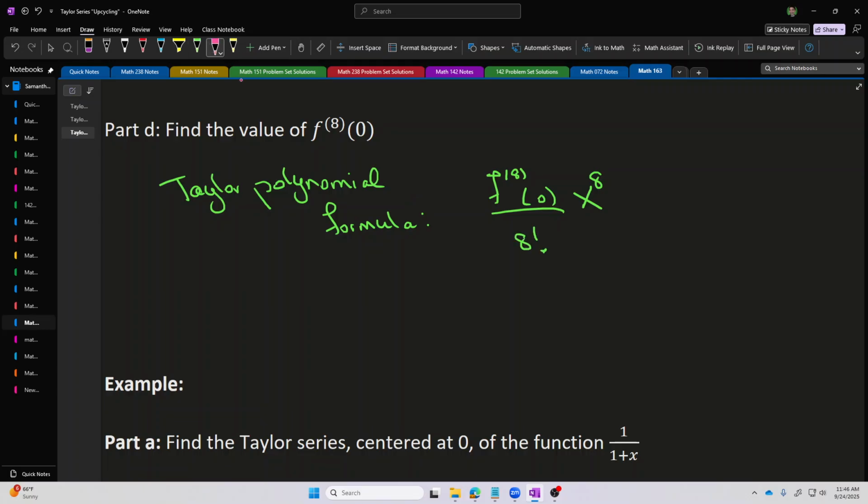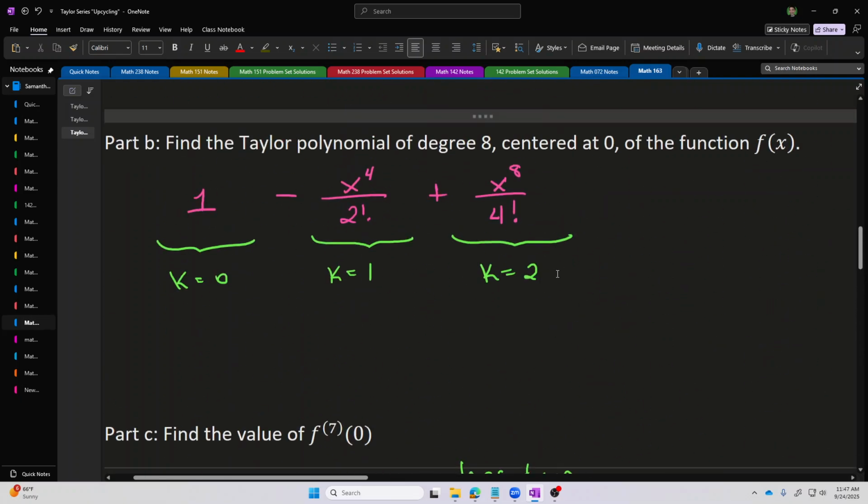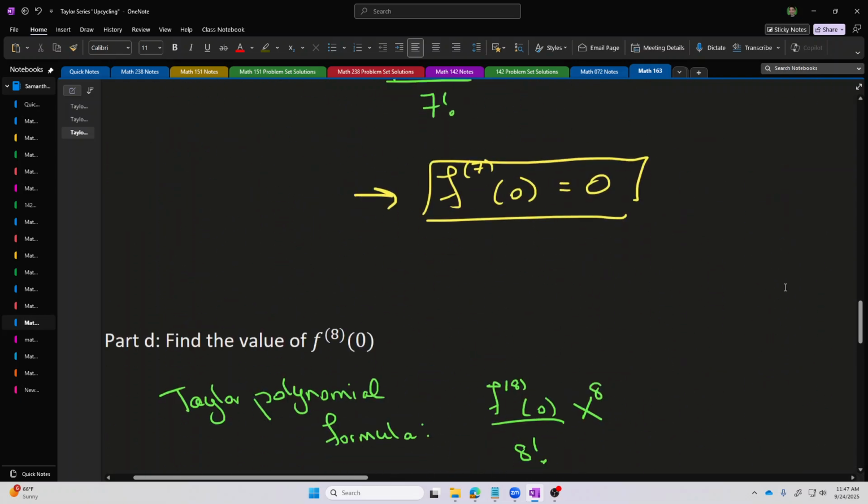But if I compare that to the Taylor polynomial that's standing directly in front of me, I can see that the coefficient of x to the 8 is visibly equal to 1 over 4 factorial.